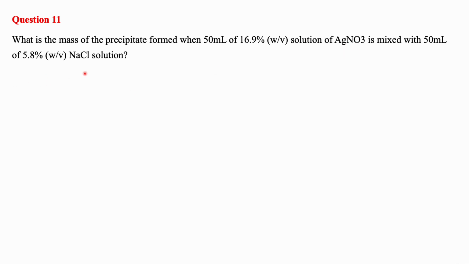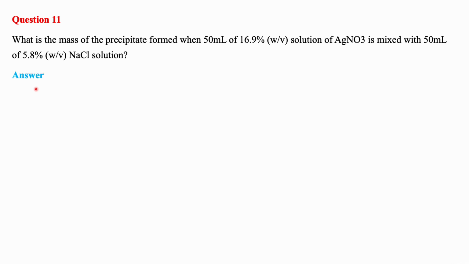We also determine the mass of sodium chloride. If you have 5.8% weight per volume, that means you have 5.8 gram per 100 ml of sodium chloride. So here also, if we take 5.8 gram per 100 ml and multiply with 50 ml, then you get the mass of sodium chloride.